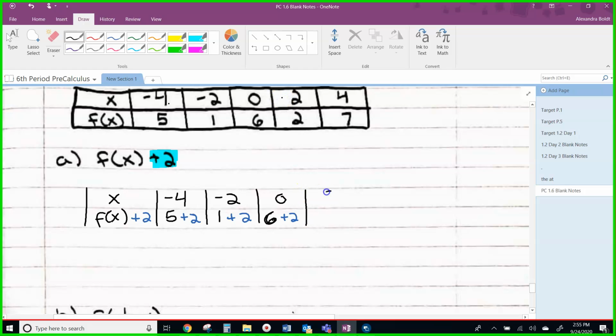Two doesn't change. My 2 gets plus 2. Four doesn't change. My 7 gets plus 2.